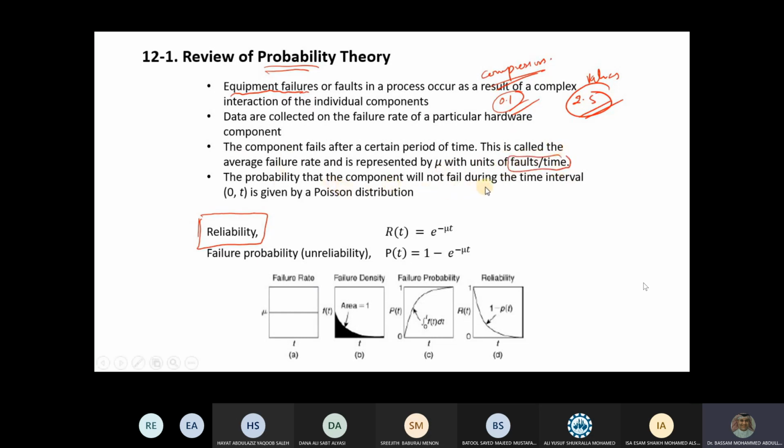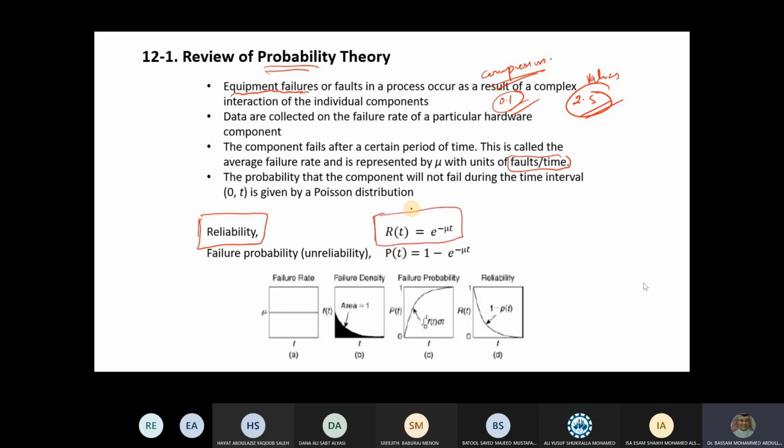The probability that the component will not fail, which is the opposite, is given by a Poisson distribution. Without going into the details, this is the way we calculate reliability.